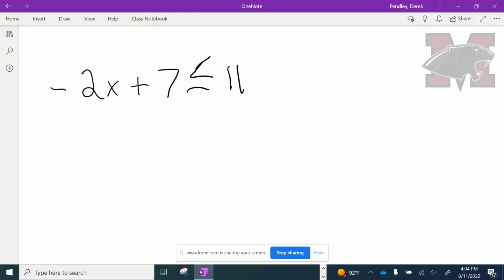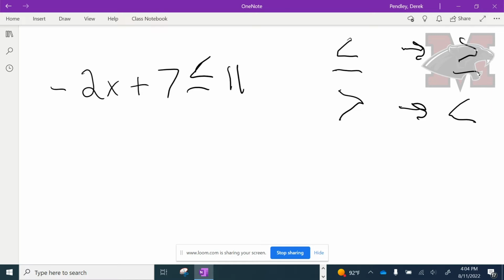If you multiply or divide by a negative number, then your less than or equal to translates into greater than or equal to. Or if it is greater than, it translates into less than. So you're just going to flip the inequality around to keep that the same. You do that because you just changed the equation. You added weight to the scale. You have to counterbalance it by flipping the sign.